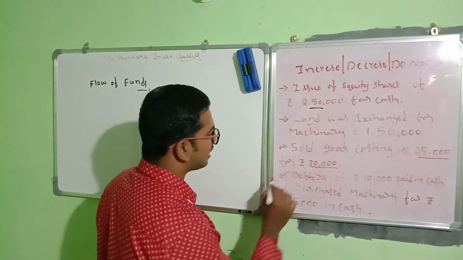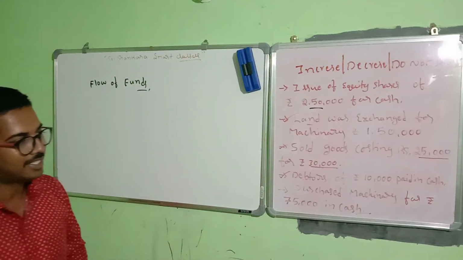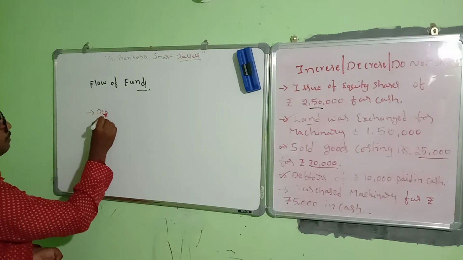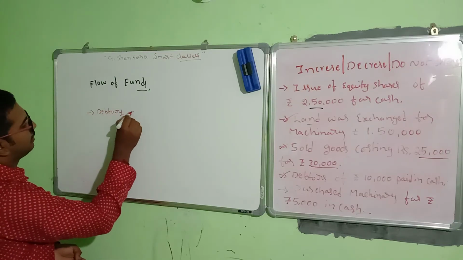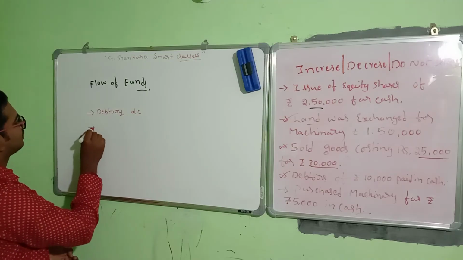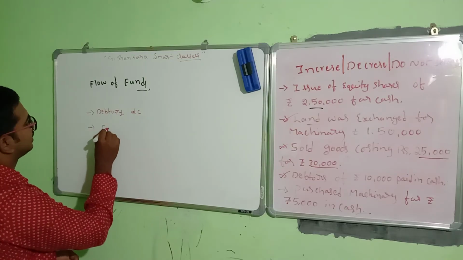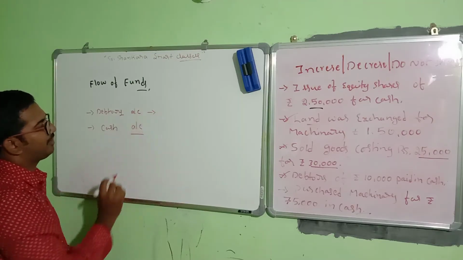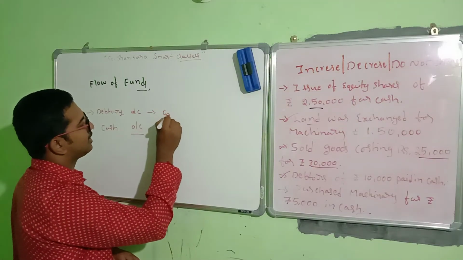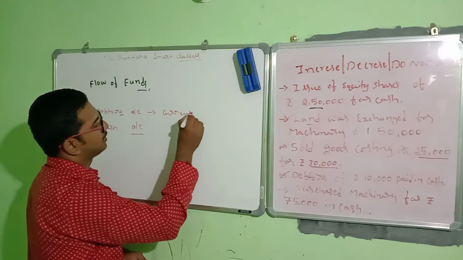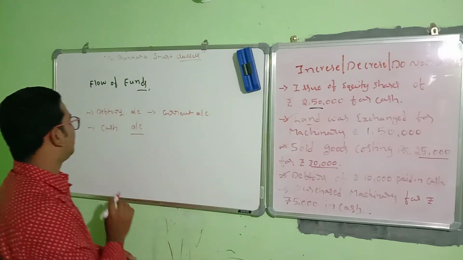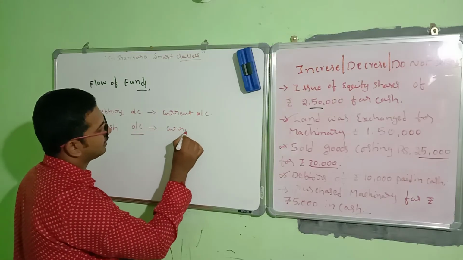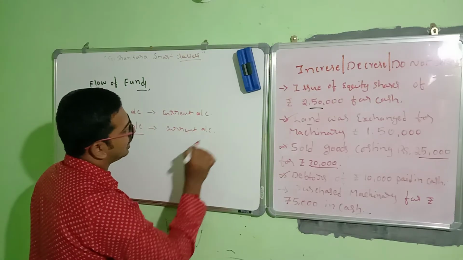Then look at the next transaction. Debtors of rupees 10,000 paid in cash. So two accounts: debtors account and cash account. What is the nature of debtors? It is a current asset, so we can call it a current account. What is the nature of the cash account? It is a current asset, so we can call it a current account.